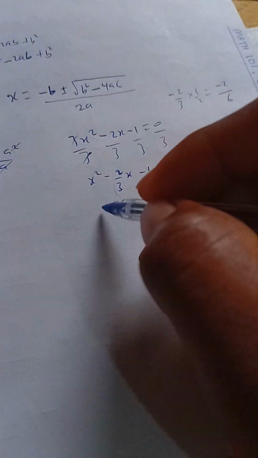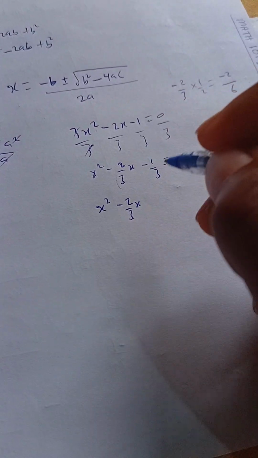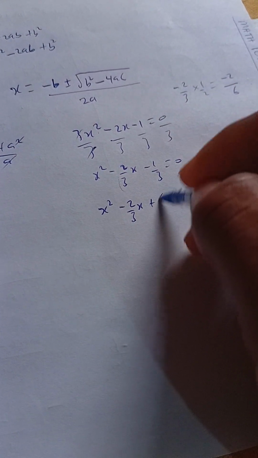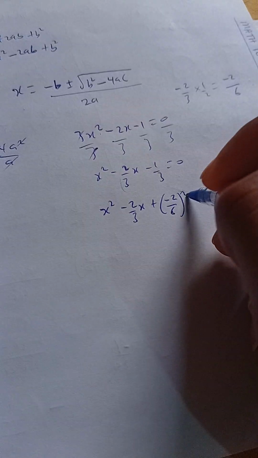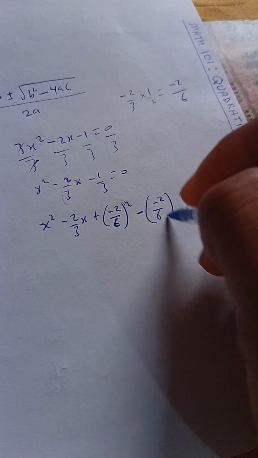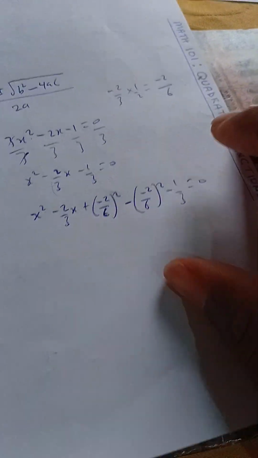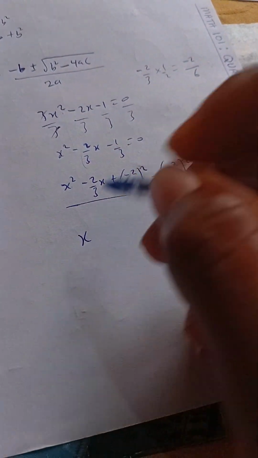So x squared minus 2 over 3 x. You add negative 2 over 6, the square of it. Then you subtract again negative 2 over 6, the square of it. Then minus 1 over 3 equals 0. So this side, you take your x, then watch the sign in the bracket.